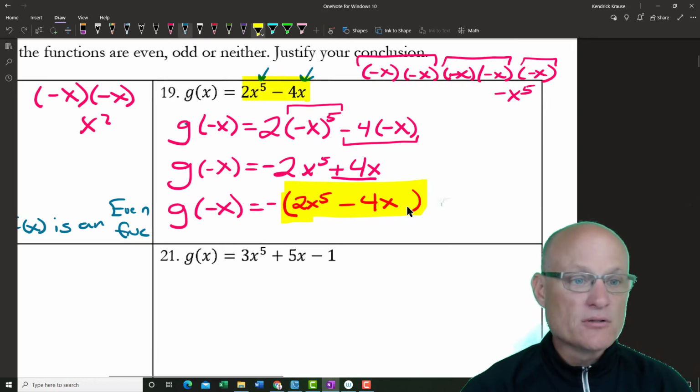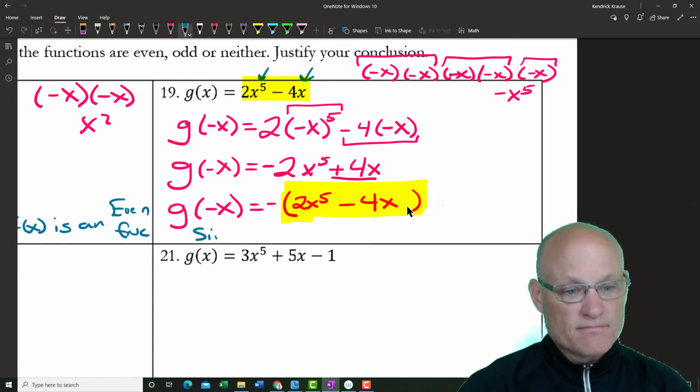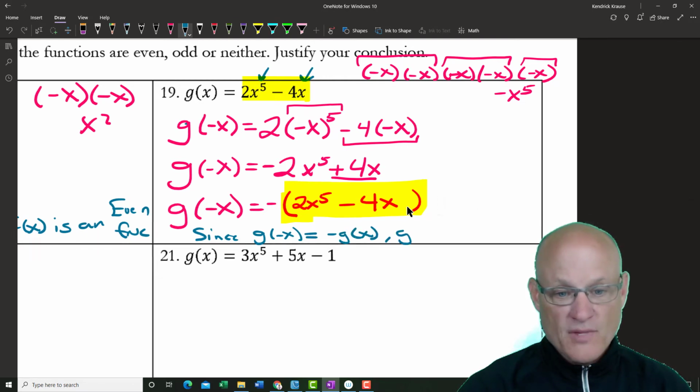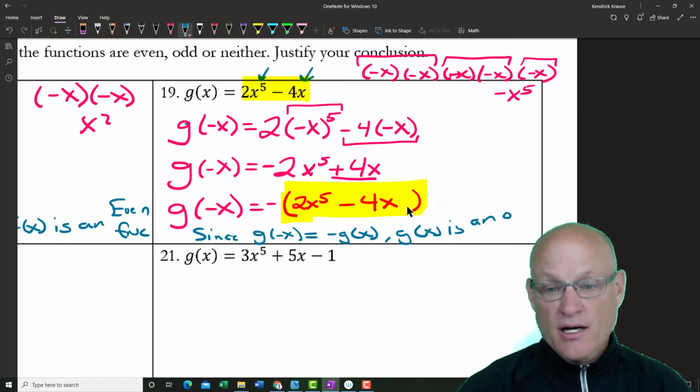So therefore, since g of negative x equals negative g of x, g of x is an odd function.